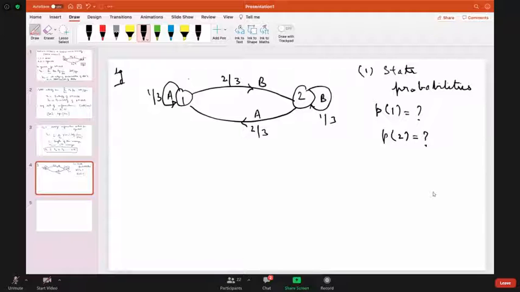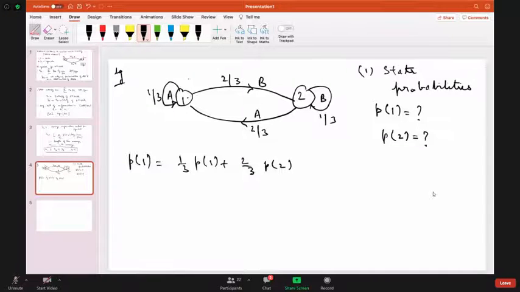So if you look at the model, I can say that the probability of state 1 is 1 by 3 times the probability of state 1 plus 2 by 3 times the probability of state 2, because you can see these loops going outside.